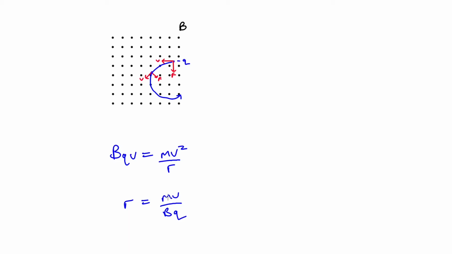Now, what we can do is contrast that with the movement of charged particles through uniform electric fields. So, if I've got an electron, and let's say, again, it's moving right to left, and this time we've got an electric field.